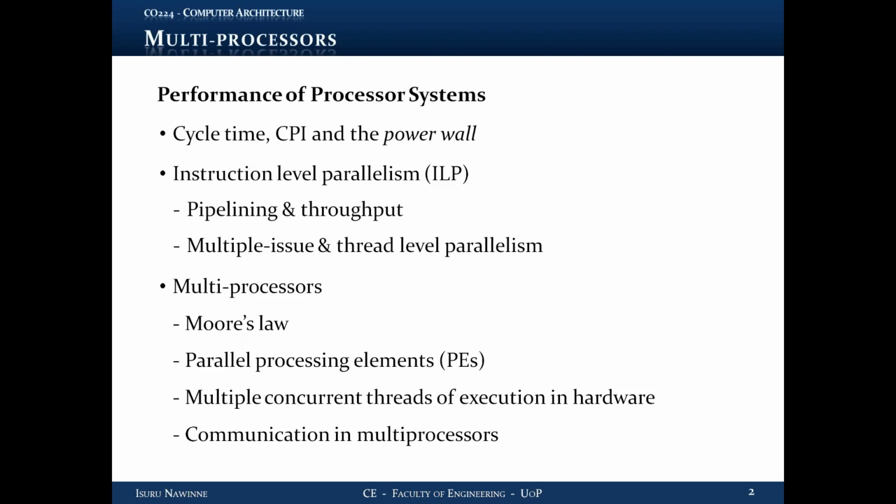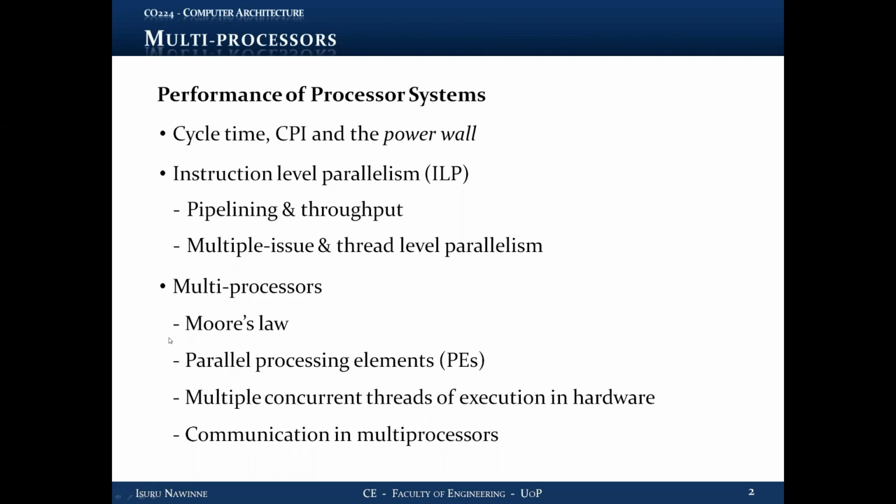You can't keep increasing the clock frequency; you are going to have heating problems, power problems. And you can't execute multiple instructions from a program beyond a certain limit, because the inherent parallelism in a program is limited. It depends on the program, but it's usually limited.